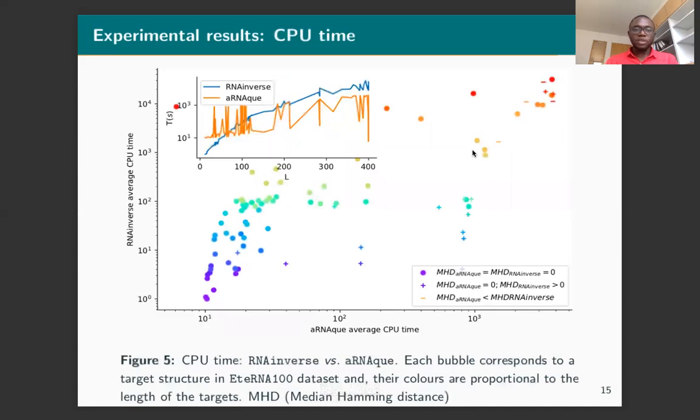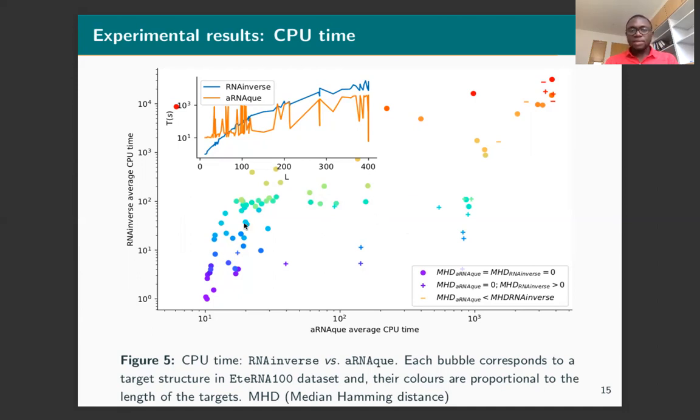We further compare the computational time of aRNAque with RNA Inverse, which was second on the list. In the inset plot, we can see that the CPU time of RNA Inverse grows exponentially with respect to the length of the target, while the aRNAque CPU time does not. And in terms of the quality or the number of sequences found, aRNAque dominated by 7, as displayed in the previous table.